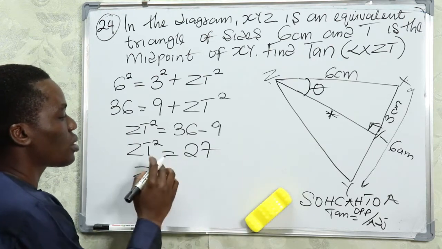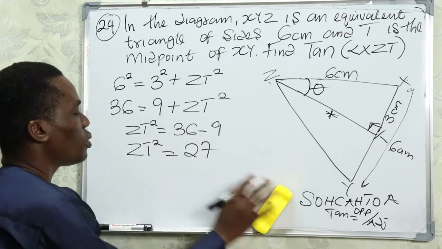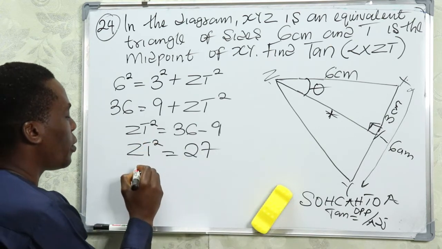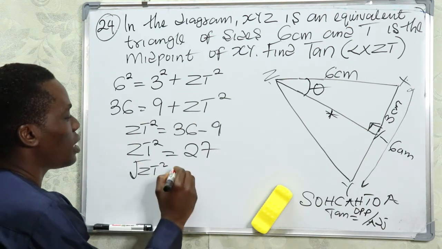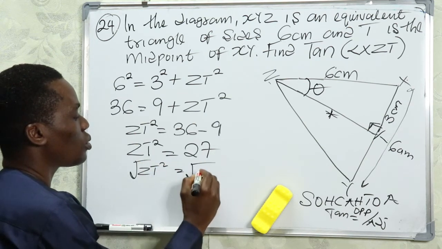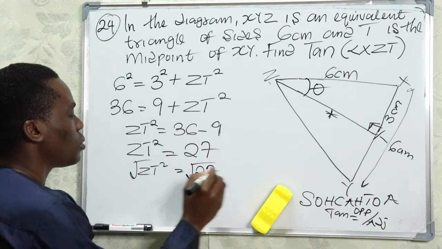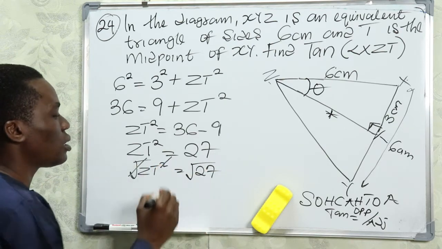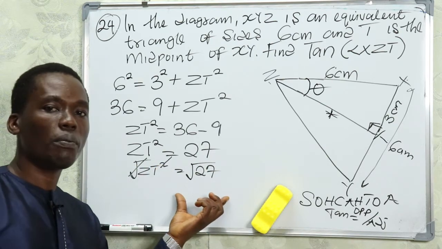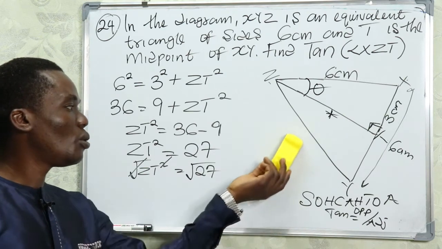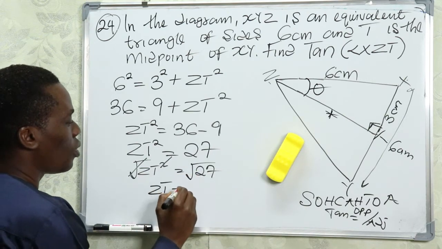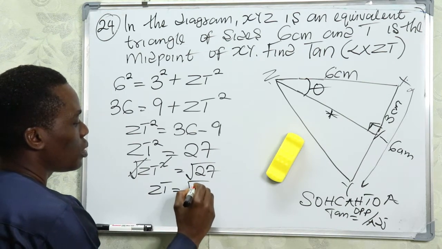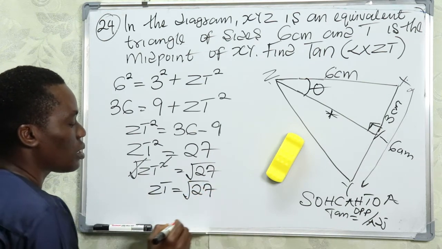Now ZT will be equal to what? We'll square root both sides. If we square root both sides to clear this square, we are going to have the square root of ZT squared equal to the square root of 27. This will cancel this. 27 is not a perfect square, so we are going to look at how to go about this. Our ZT now will be equal to the square root of 27.